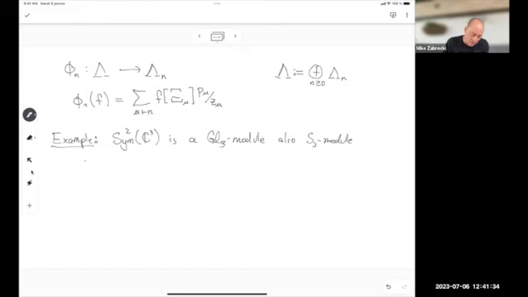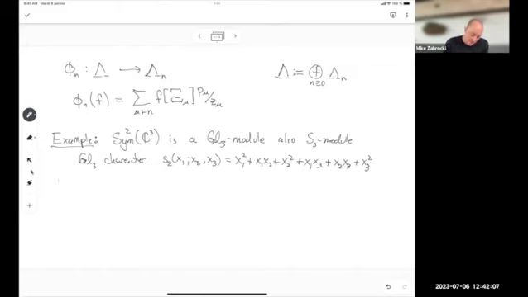Its GL3 character is S2 of X1, X2, X3, which is X1 squared plus X1 X2 plus X2 squared plus X1 X3 plus X2 X3 plus X3 squared.